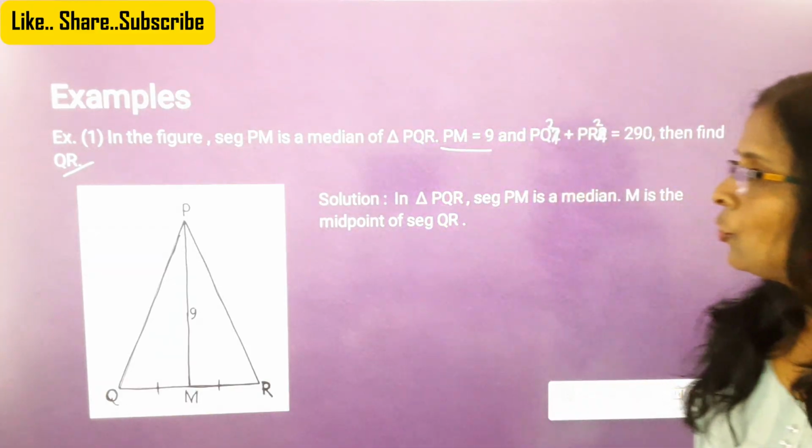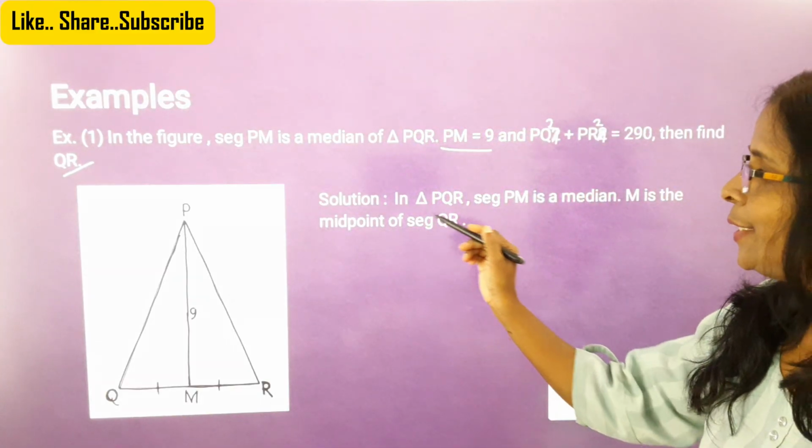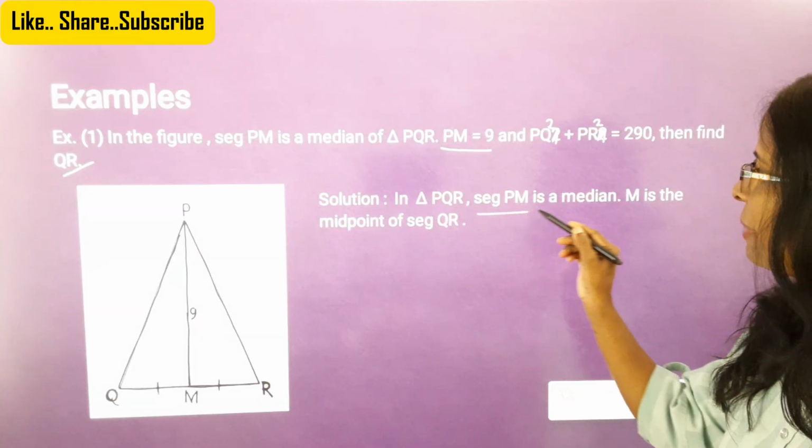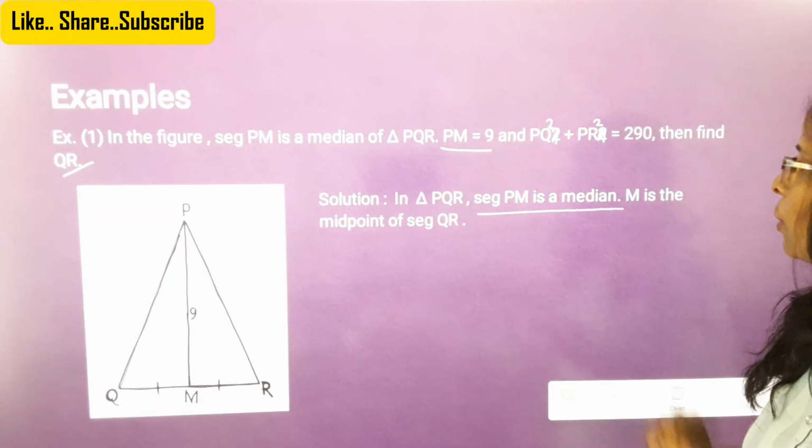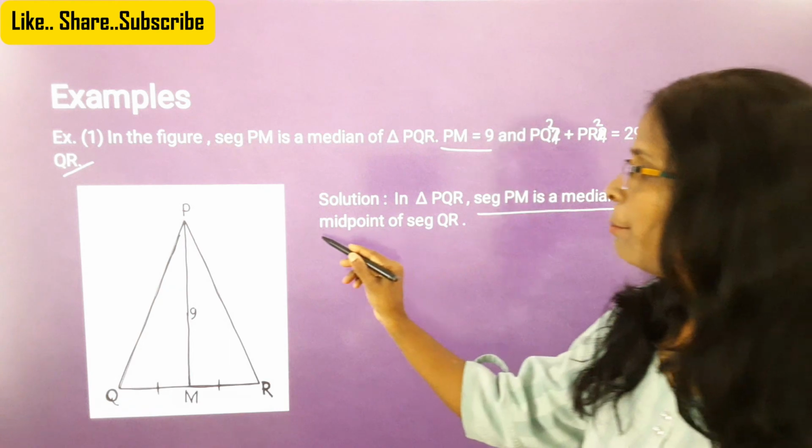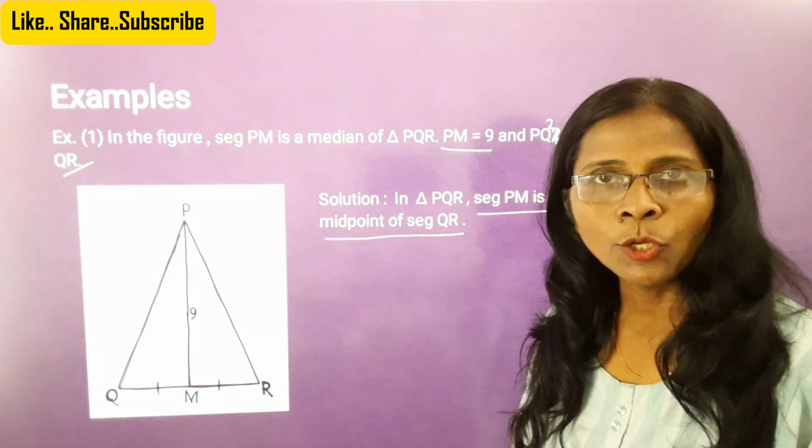Solution: in triangle PQR, segment PM is a median, so M is the midpoint of segment QR.